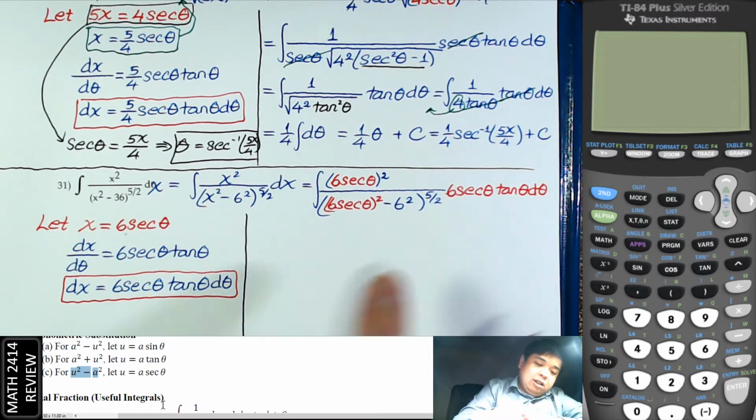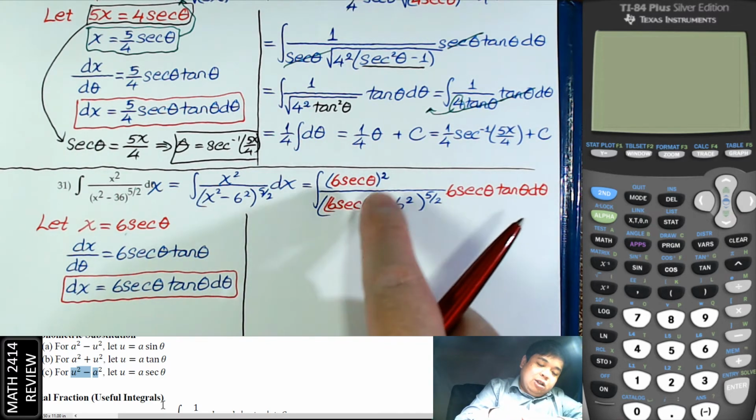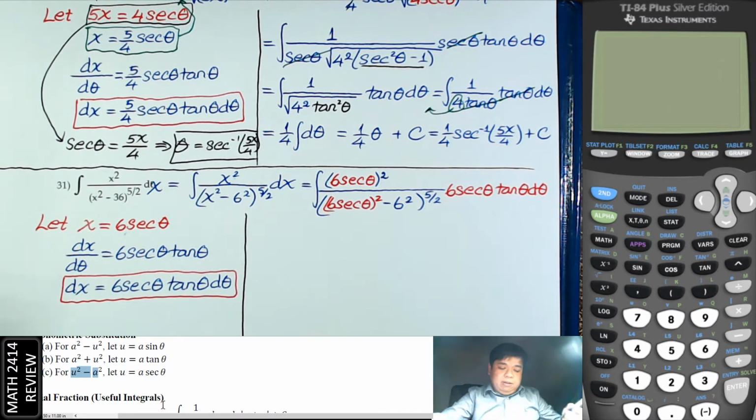Right, so dx and x squared and then x squared here. So that's what we have.